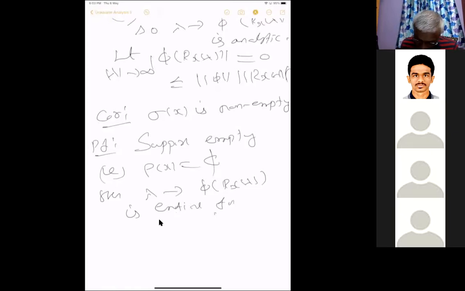For any fixed phi in A star, it's an entire function.